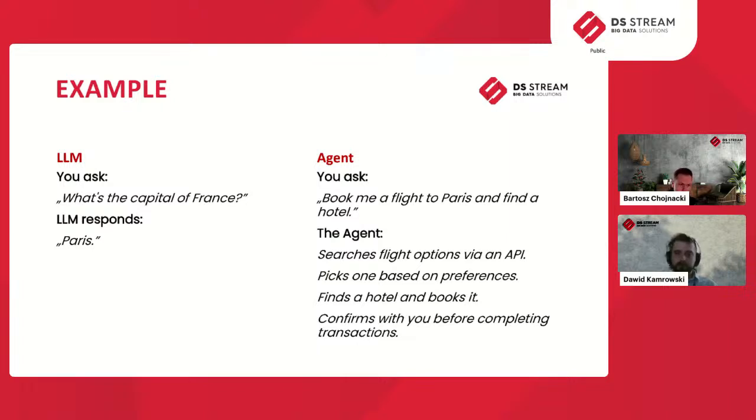But if you ask it to book a flight or find a hotel, it will usually not do that on its own. An AI agent, on the other hand, can use different tools or APIs, so application programming interfaces. So if you say, please book me a flight to Paris and find me a hotel, the agent can search for flights, compare prices, and even reserve a hotel. It doesn't just answer questions. It can take real steps to complete tasks for you.